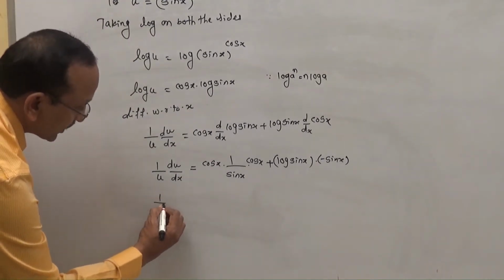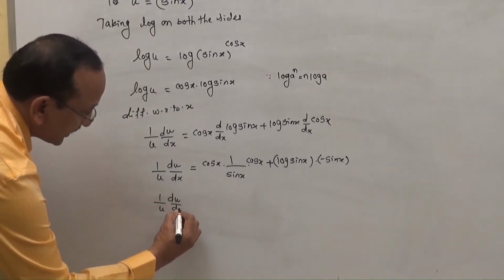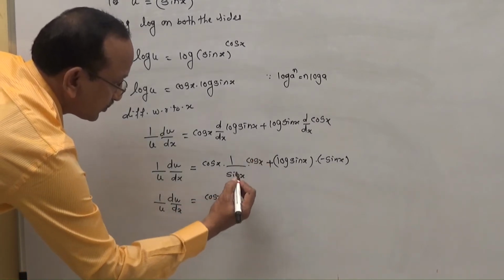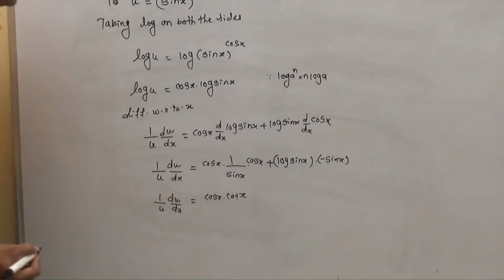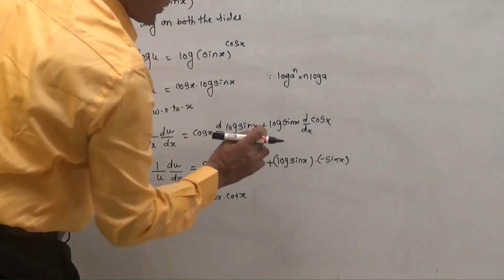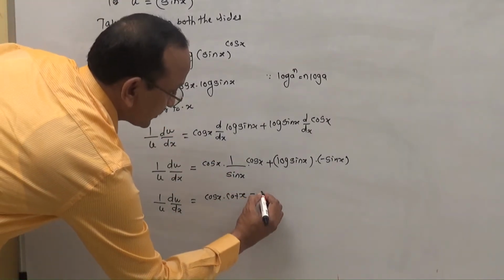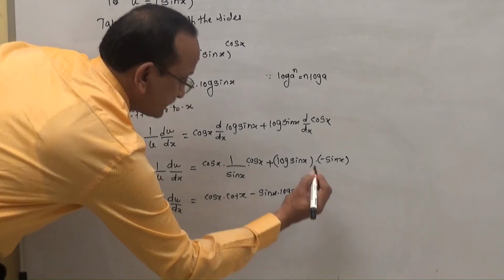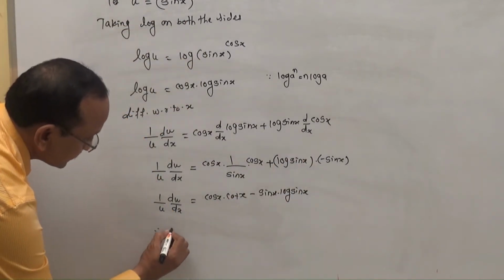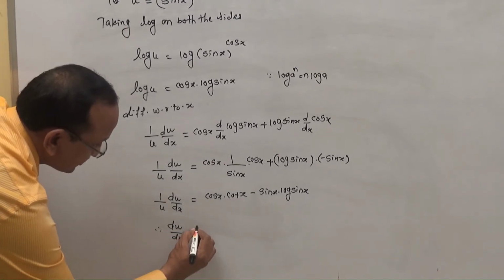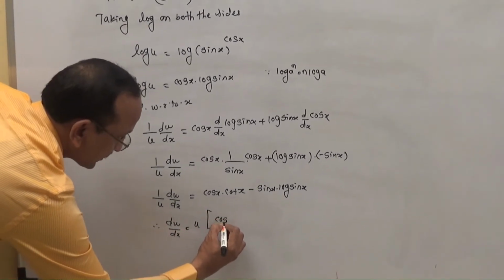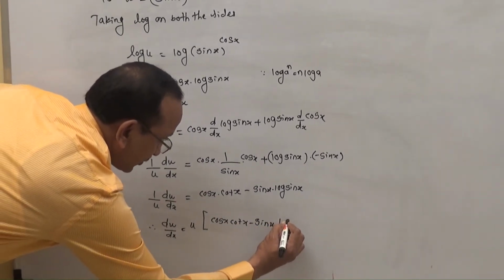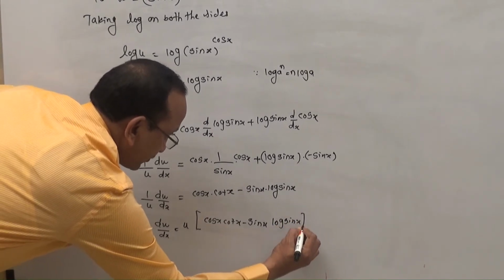Then 1 upon u du by dx is equal to cos x into cos upon sin, which is cot x, then minus plus minus sin x into log of sin x. So therefore du by dx is equal to u times cos x into cot x minus sin x into log of sin x.